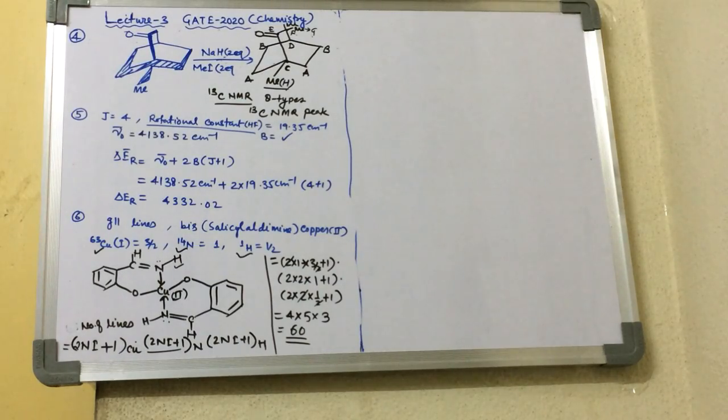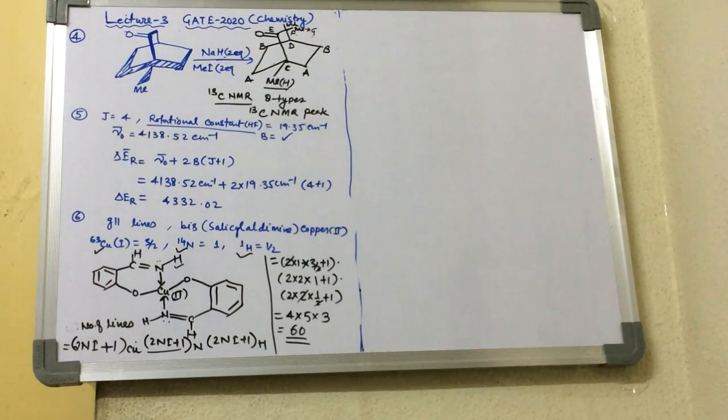Now the next question, question 7, is asking for the correct combination of L1 and L2 among H minus, NO minus, and CH3 minus. This is very simple questions.